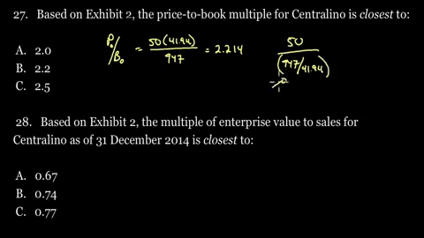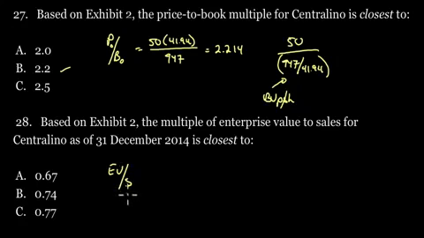That's book value per share. And this was just the full amount of the price of equity divided by the full amount of the book value. You get the same number, 2.214. We'll take 2.2.